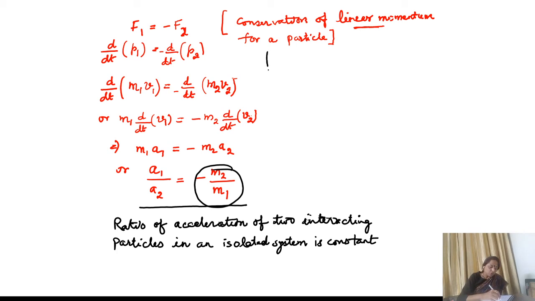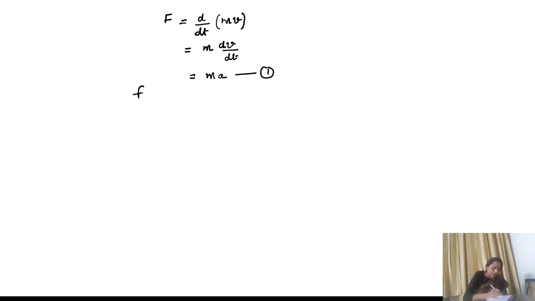Further, to prove or to find the conservation of linear momentum, we will start with rate of change of momentum is equal to total force, and this gives m dv/dt is equal to ma, and secondly you can write F is equal to p dot.